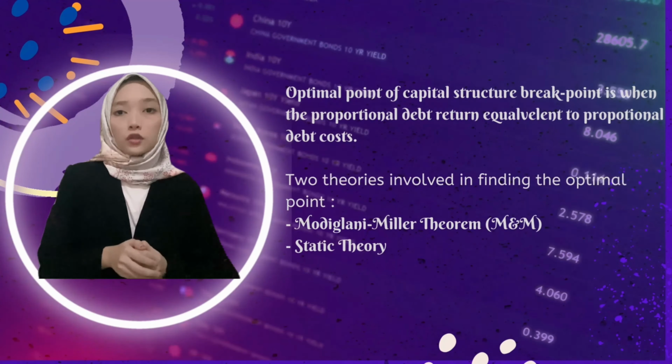The definition of financial distress is a situation where a firm's operating cash flows are not sufficient to satisfy current obligations and the firm is forced to take corrective action.